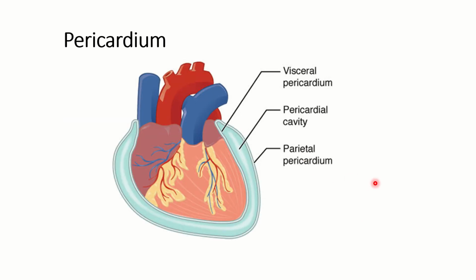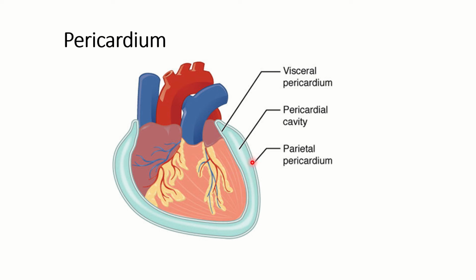So the first one is called the pericardial cavity, and you can see there are two layers. One is the visceral pericardium or visceral layer, and that is attached to the epicardium of the heart, and the other one is the parietal layer.